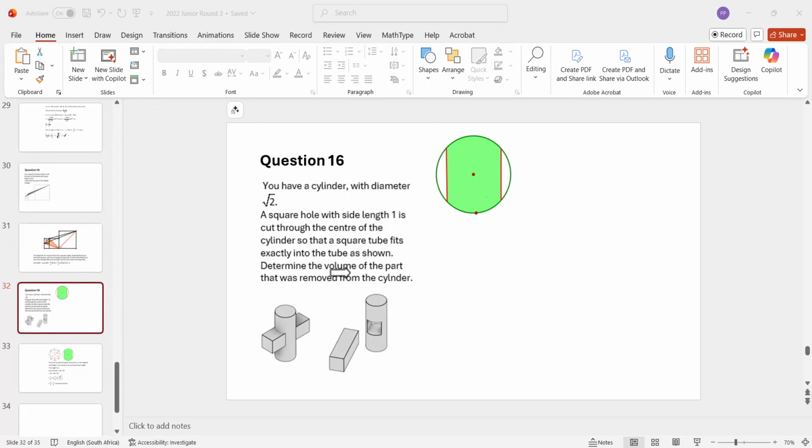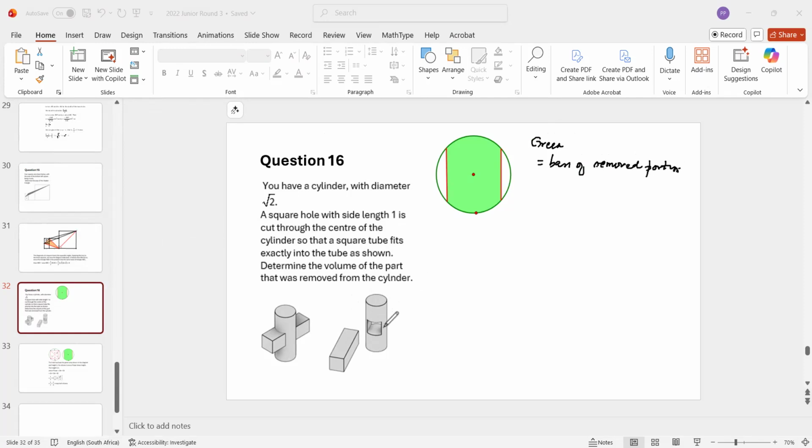That's what I've drawn here. The green part represents the base of the removed portion. So let me keep a record of that: this green equals the base of the removed portion.